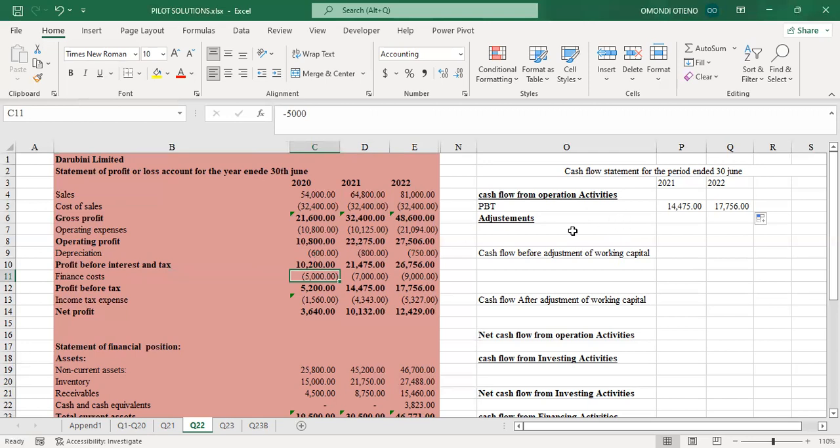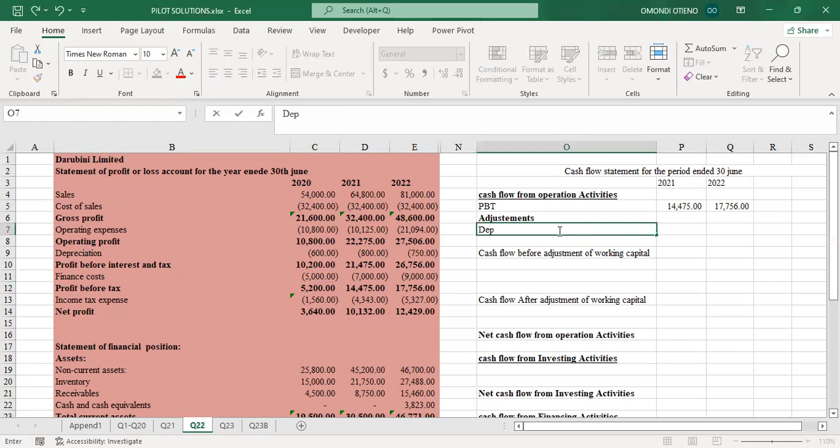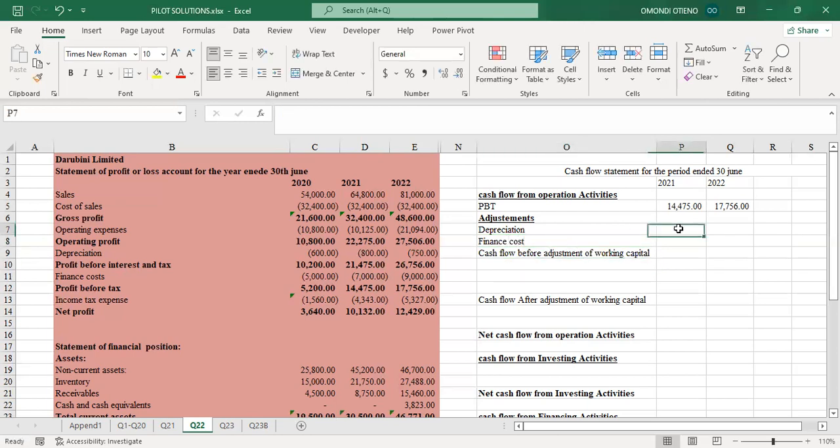So let's come here and do the adjustments. So the first adjustments will be depreciation expense, and then we also have finance cost. So how will we get depreciation expense for the year 2021? Let's go to our income statement and see.